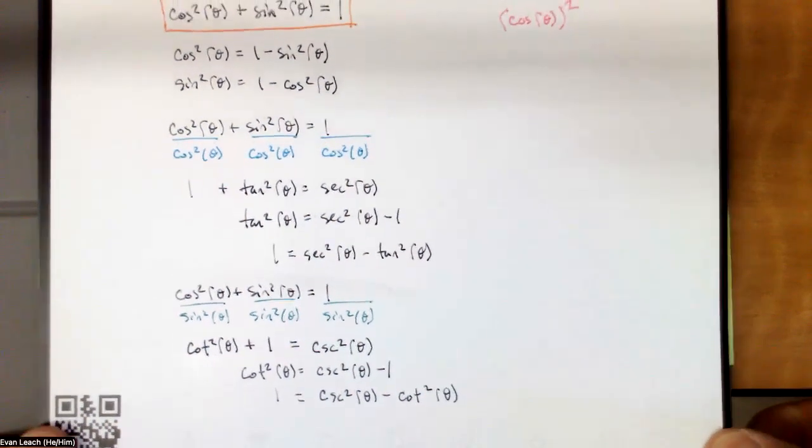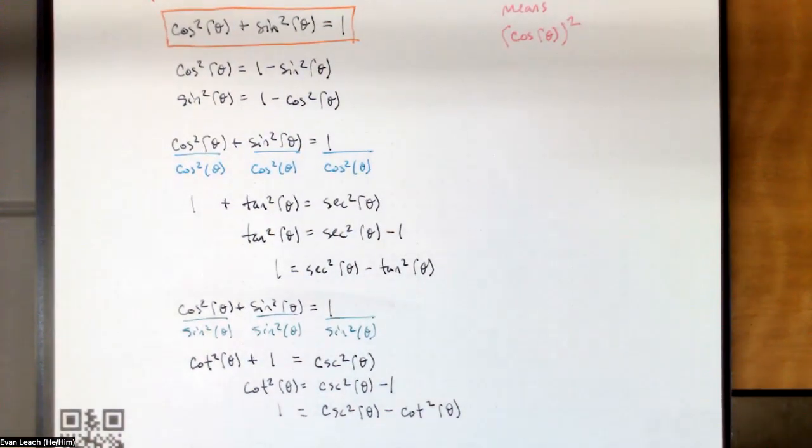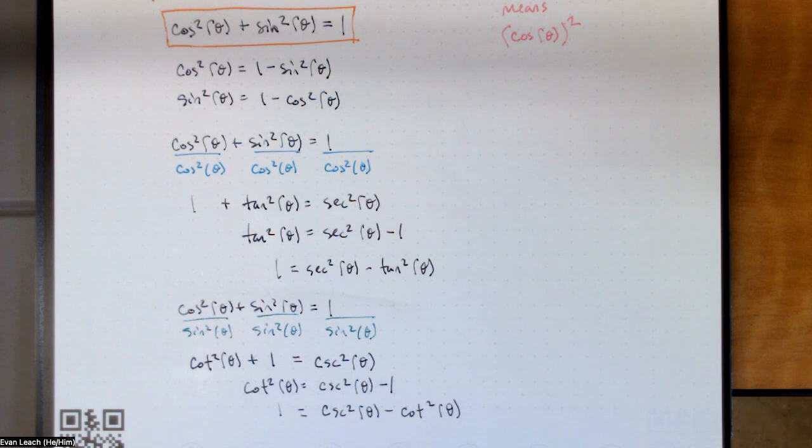For a total of 9 Pythagorean identities. But really only 1. There's variations on that 1. If you remember how we build all 8 of them off of that first one, then you really just need to remember that first one.